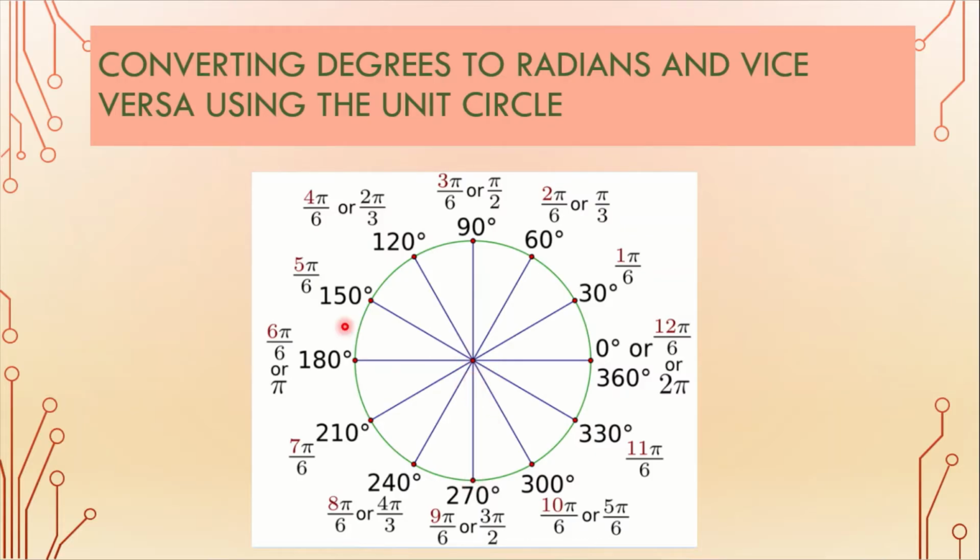Just bear in mind that 180 degrees is equal to pi, and in the beginning we divided the semicircle into 6 parts. Please remember that the equivalent of 30 degrees in radians is pi all over 6.